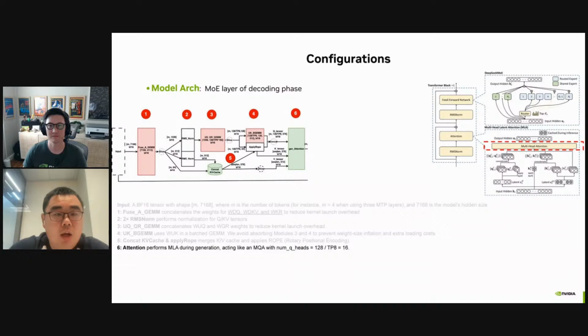Next, when the query and KV tensors are ready, we will feed them into our attention kernel. For this kernel, we have fused the BMM 1, softmax, and BMM 2 into one kernel. This kernel performs multi-latent attention during generation, and it acts like an MQA with the number of query heads as 16 here.